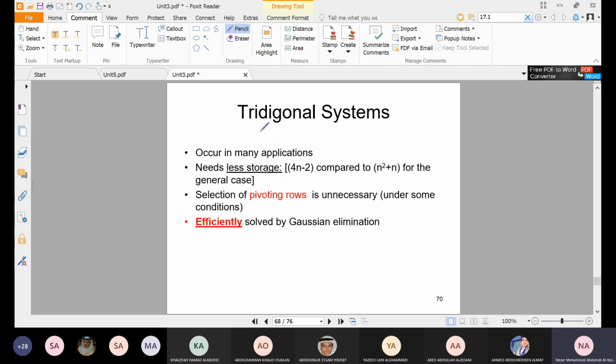Tridiagonal systems exist in different applications. They usually need less storage because the majority of the matrix is zeros. Selection of pivot rows is not needed here under some conditions. It works efficiently if you want to solve this by Gaussian elimination.